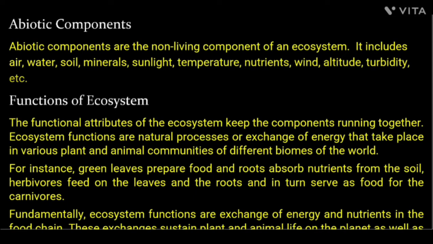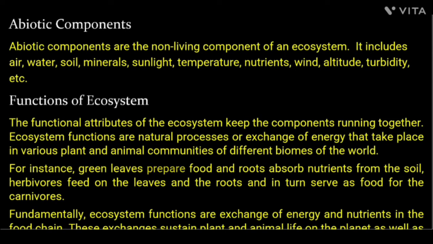Functions of ecosystem. The functional attributes of the ecosystem keep the components running together. Ecosystem functions are natural processes or exchange of energy that take place in various plant and animal communities of different biomes of the world. For instance, green leaves prepare food and roots absorb nutrients from the soil.